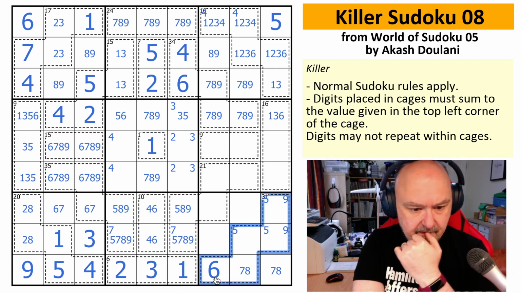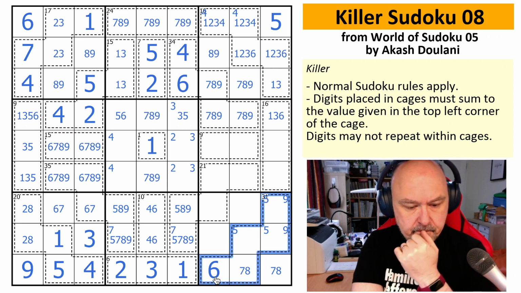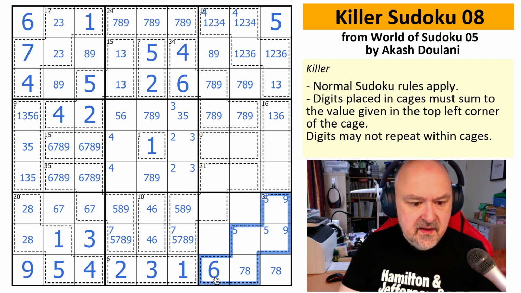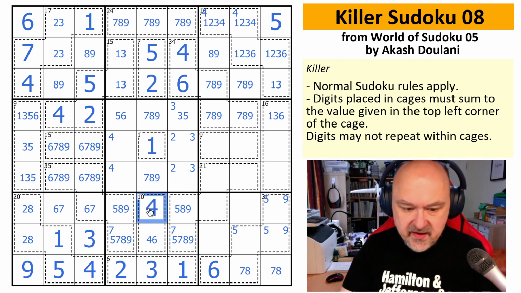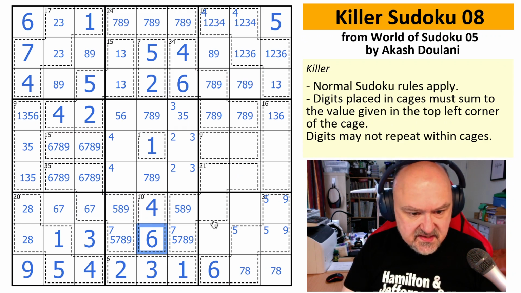I'm missing something. This 6, 7 is looking over, making that a 4, makes that a 6.